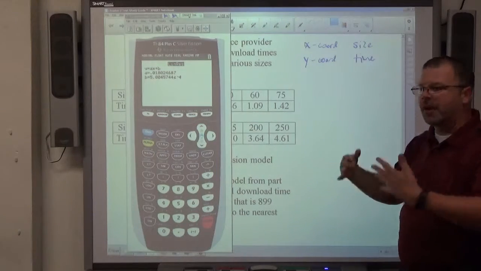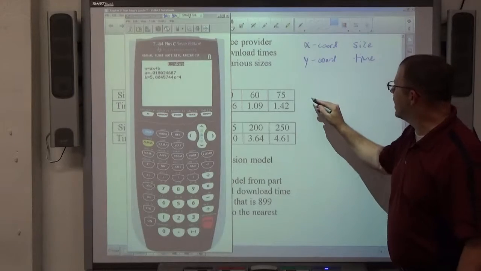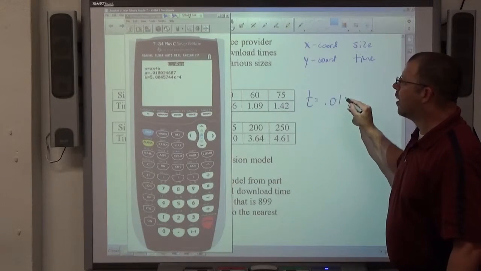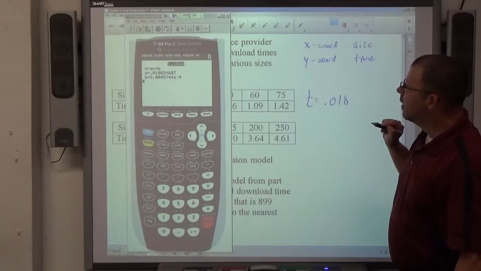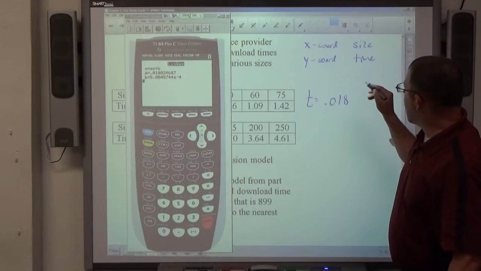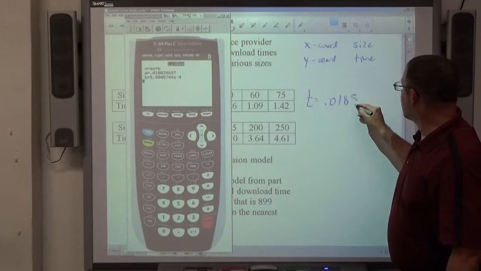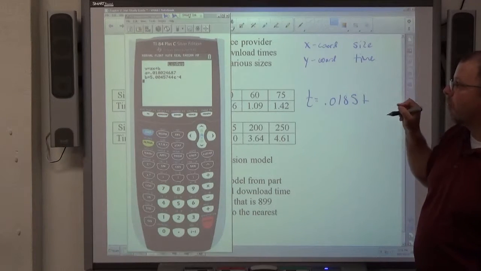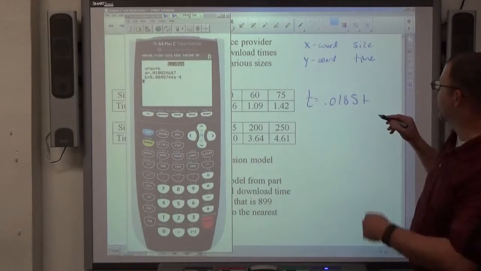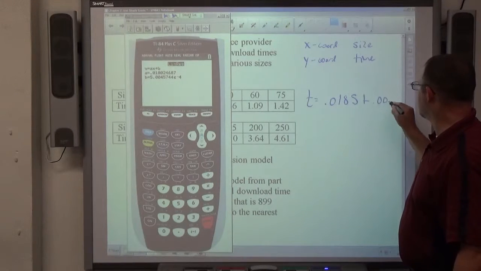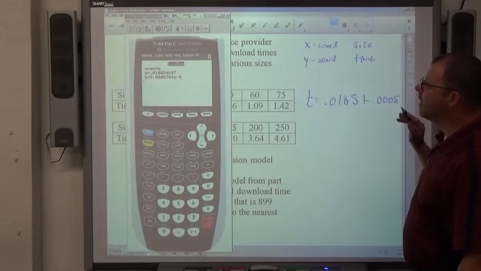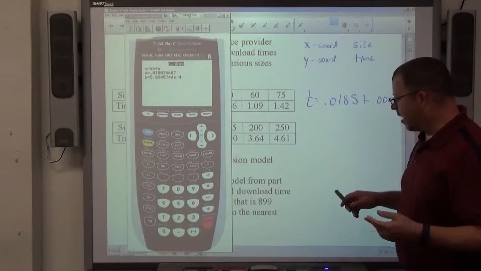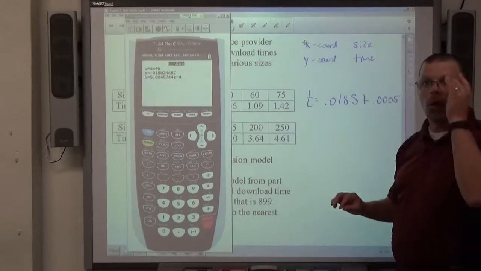If I'm using meaningful variables for these things, I would probably go with t equals 0.018 x, but instead of x I'm going to use s, plus 5.004574 e negative 4 is actually 0.0005. If you put 5 there, you're going to get wrong answers. So be careful that you watch that carefully.